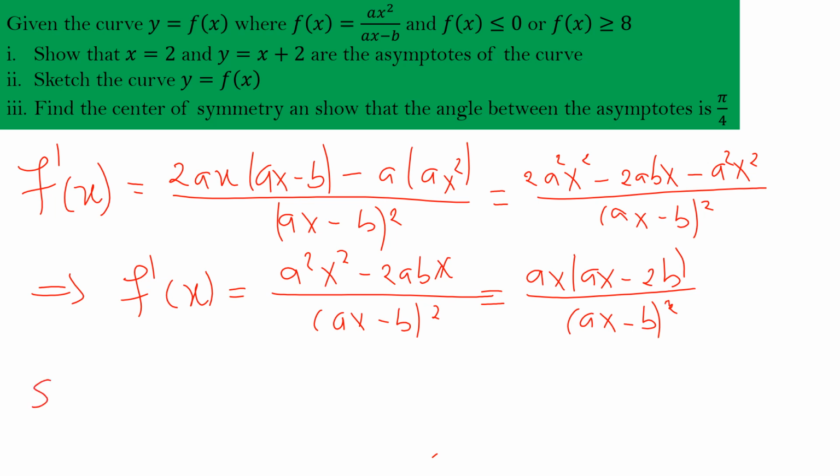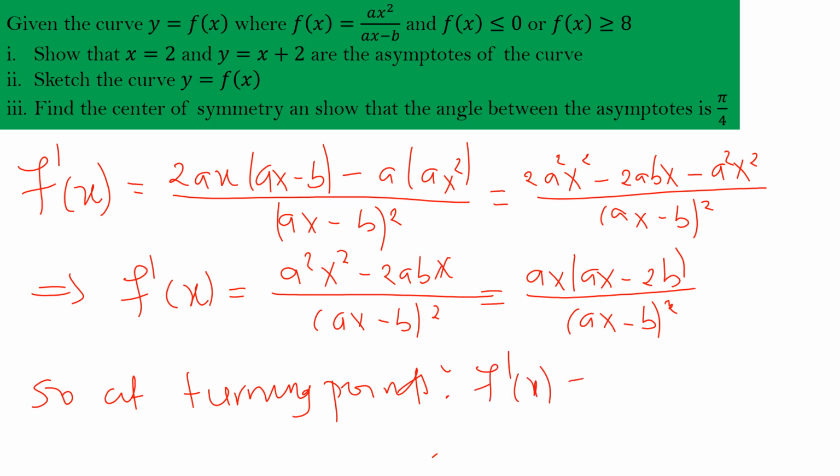Okay, so at turning points, what happens is that f prime of x is equal to 0. So if we equate this f prime of x to 0, the denominator will disappear, and we are just going to be left with ax into ax minus 2b equal to 0.